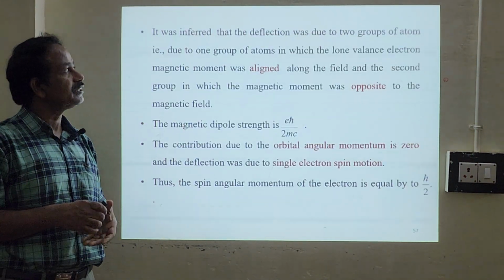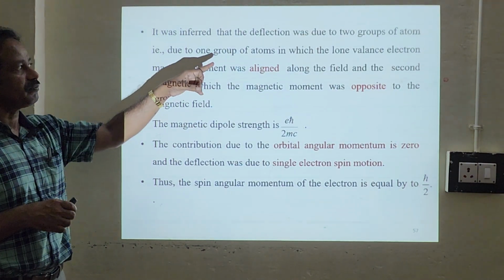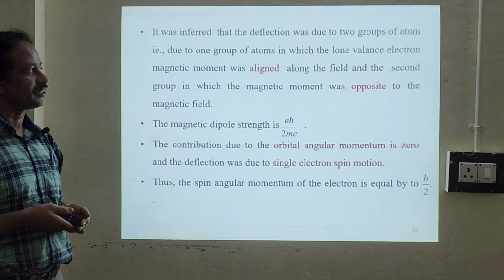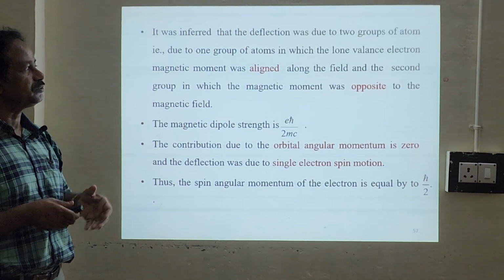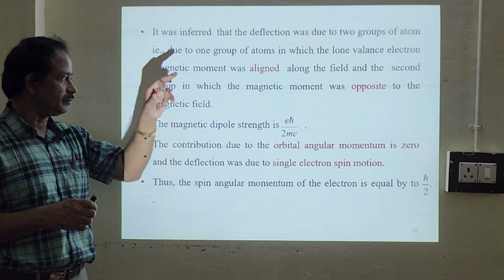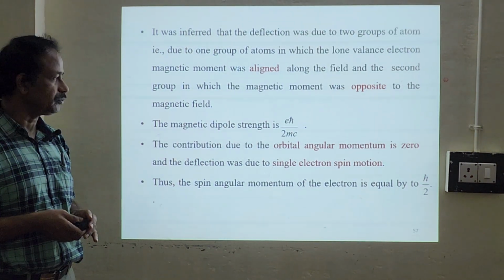So it was inferred that the deflection was due to two groups of atoms: one group in which the valence electron's magnetic moment was aligned along the field, and a second group in which the magnetic moment was opposite to the magnetic field. We have seen this already. The magnetic dipole strength is given by e h bar divided by 2mc.